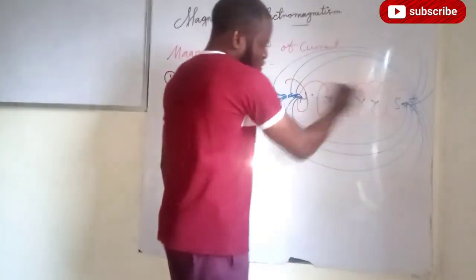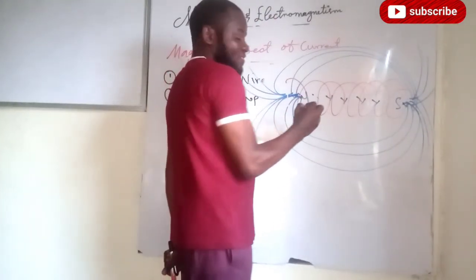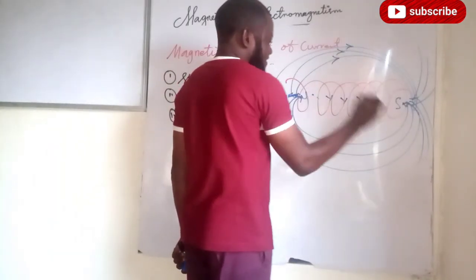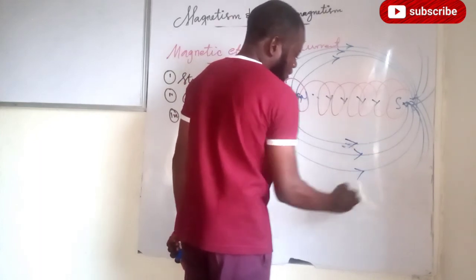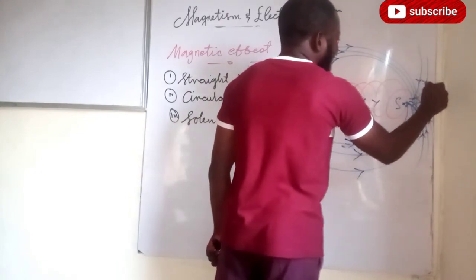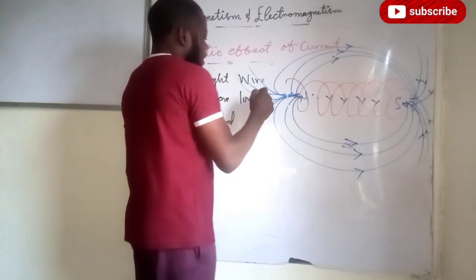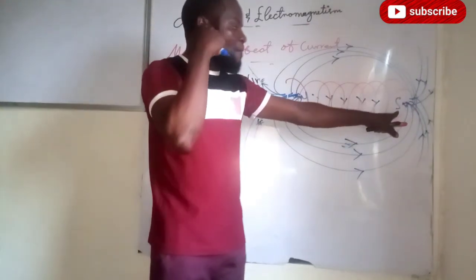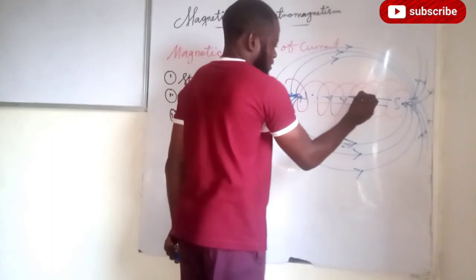So just like in a bar magnet, outside it, the field lines are moving towards the south pole, while inside it, they are moving from the south pole to the north pole inside the solenoid.